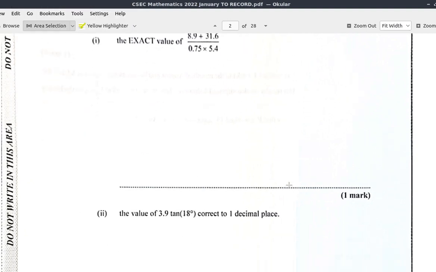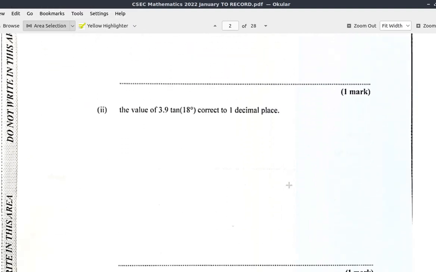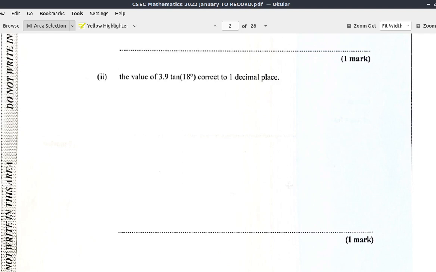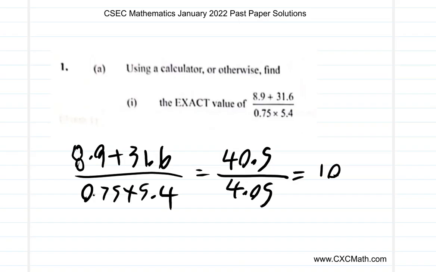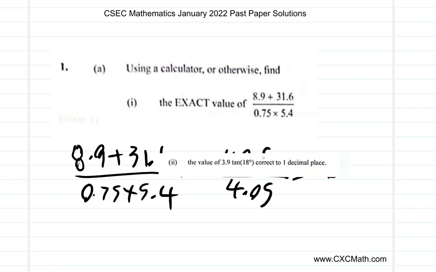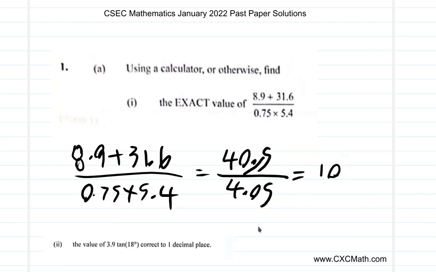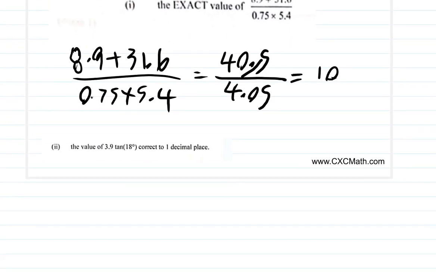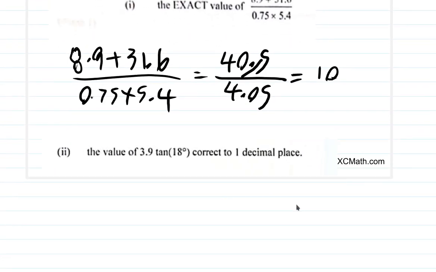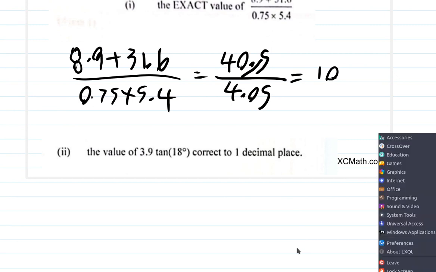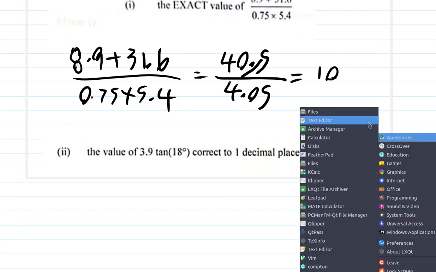What about 1A2? Alright, let's copy this and paste it over here. The value of this, 3.9 tan 18 degrees. So, our calculator again.